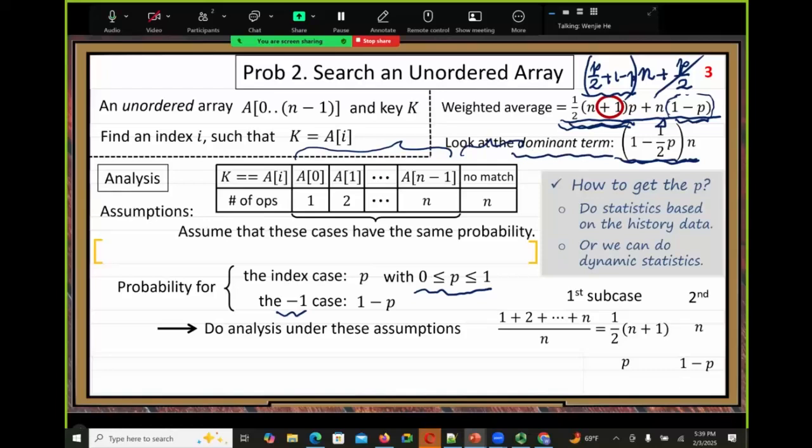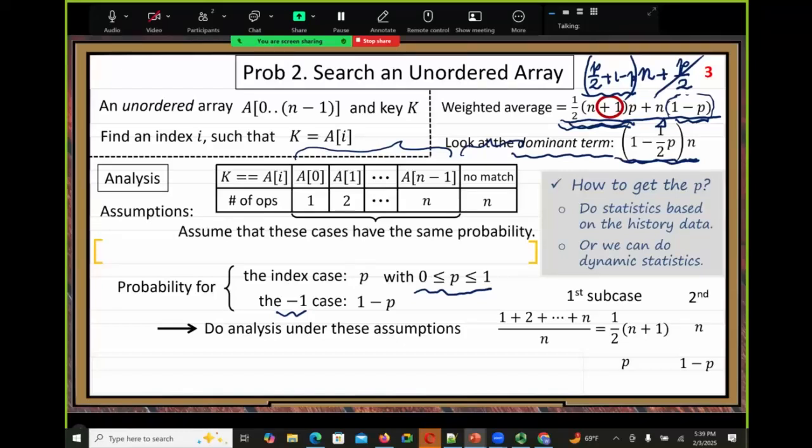But the question is, how do we explain that dominance? How does this term dominate other terms?